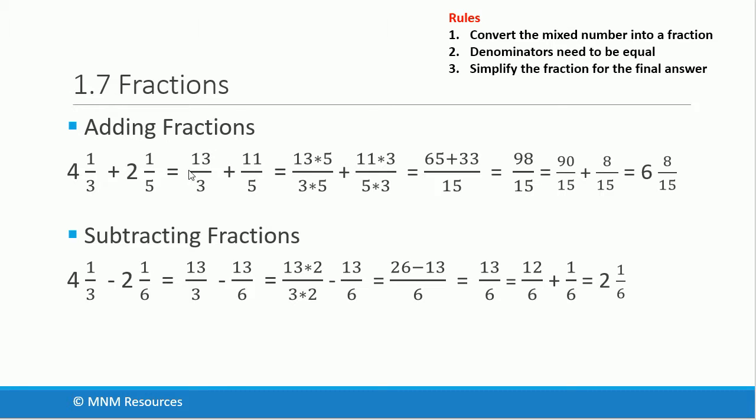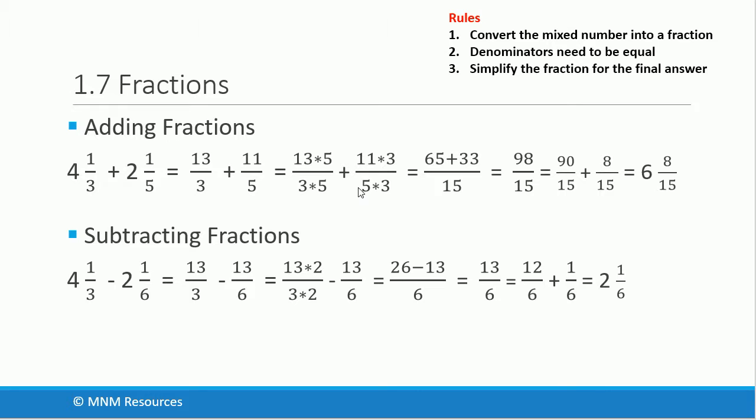So what you would do with the first fraction, 13 by 3, is that you would multiply both the denominator and the numerator, so that the overall value of the fraction doesn't change, by 5. So 3 times 5 gives you 15 and 13 times 5 gives you 65. Then for this particular fraction, 11 by 5, you would multiply it by the other denominator's value.